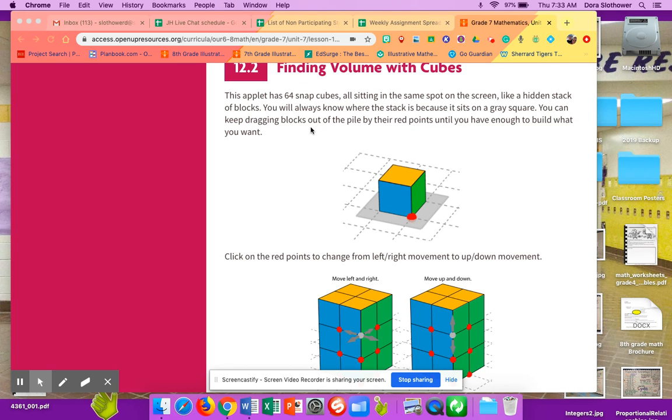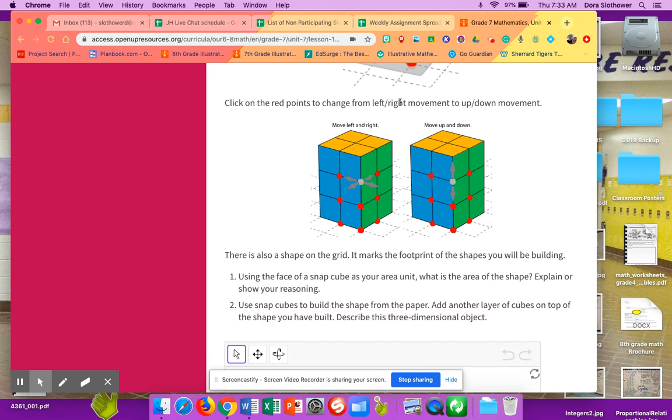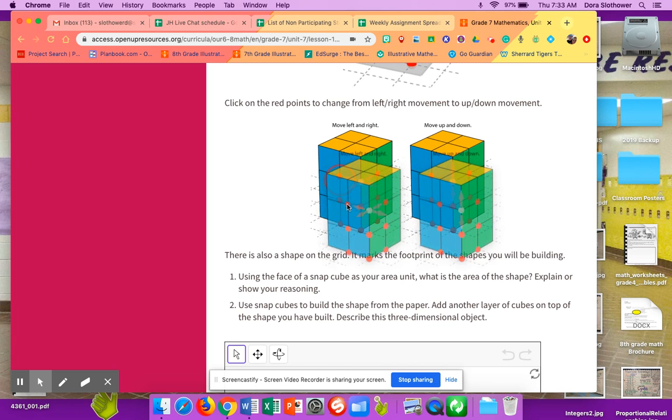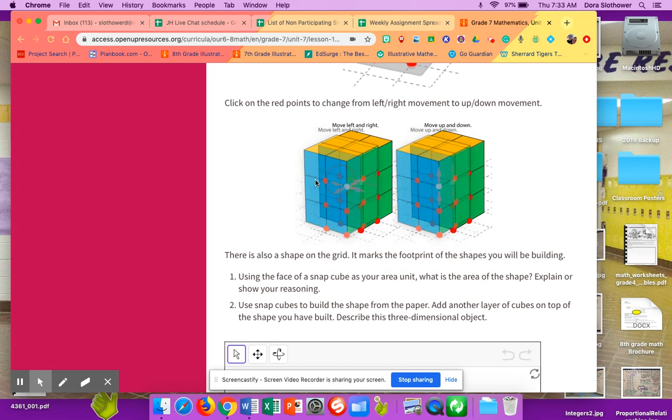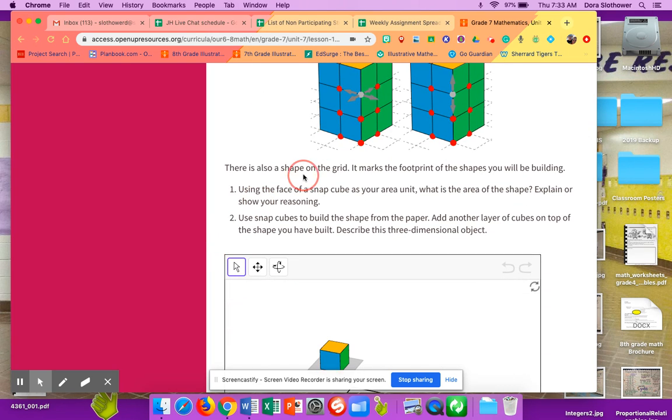You can keep dragging blocks out of the pile by the red points until you have enough to build what you want. Click on the red points to change from left or right movement to up or down. So you can click on these and see how they move. There is also a shape on the grid. It marks the footprint of the shapes you will be building. So it's kind of like what you're building.